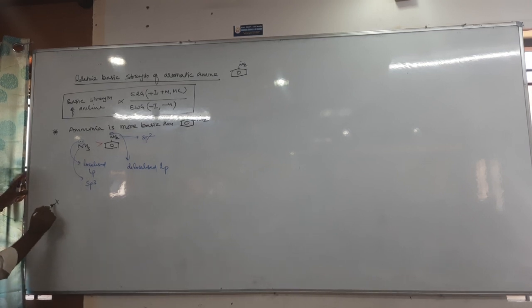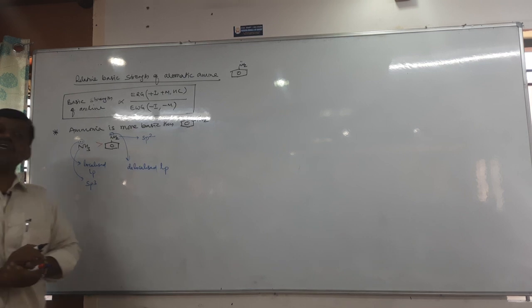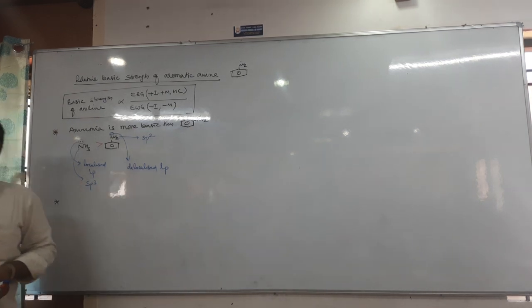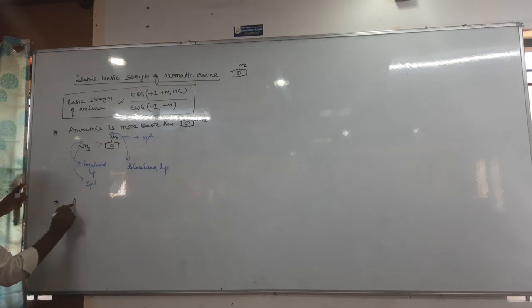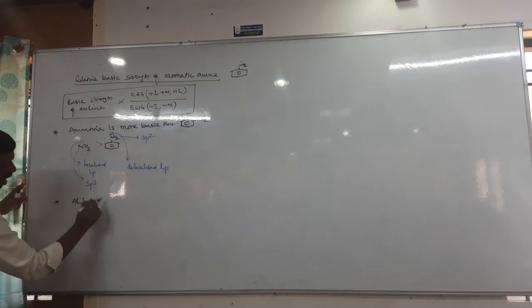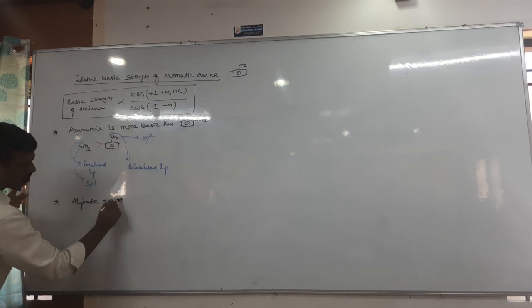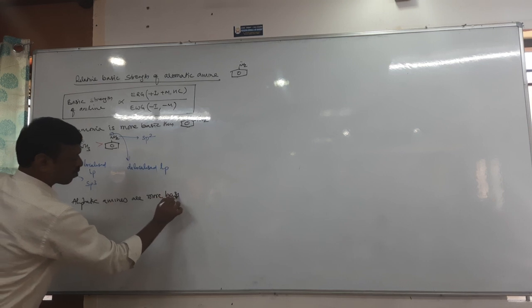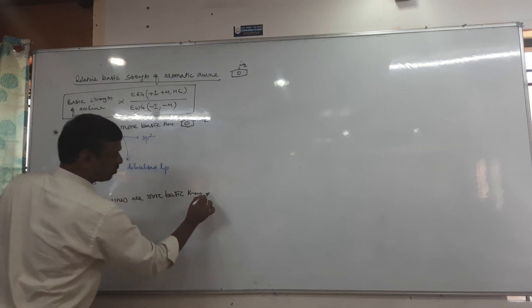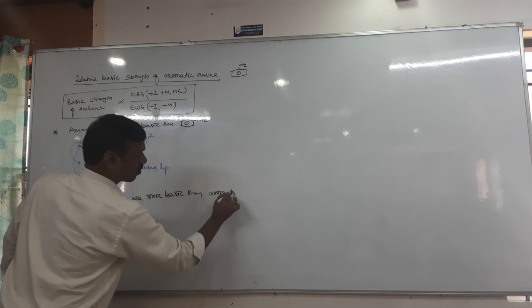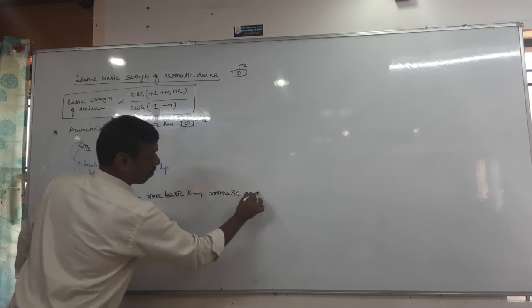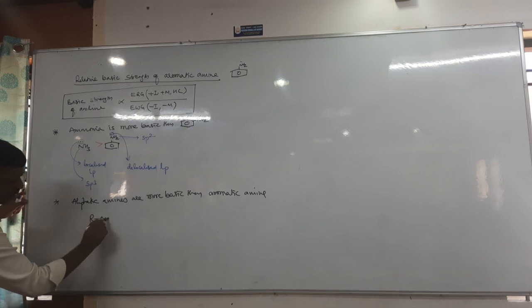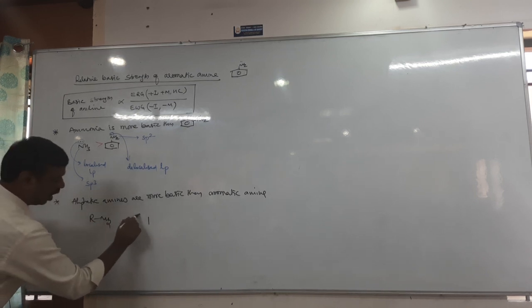Next, when you compare aromatic amine and aliphatic amine, which is more basic? Aliphatic amines are more basic than aromatic amines. For example, let us take alkyl amine and aniline.